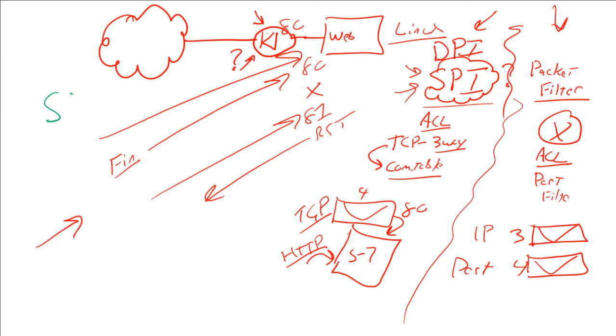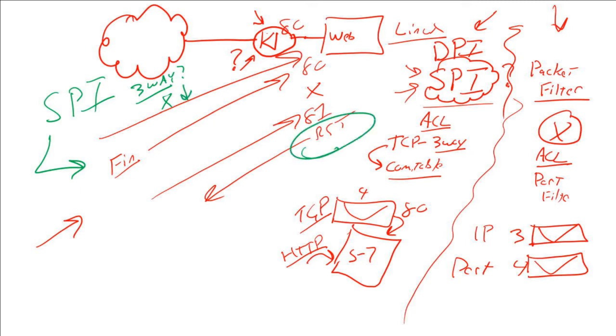How would a stateful packet inspection firewall deal with a FIN scan? It'll drop it because it didn't see the three-way handshake first. It says, do we see a three-way handshake? No. Silently drop it, so you'd never get the reset.